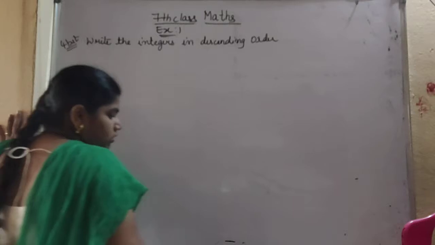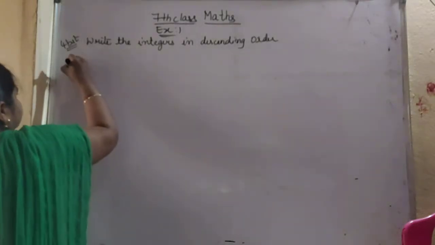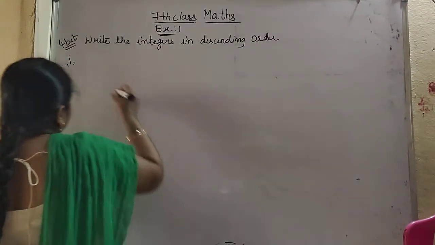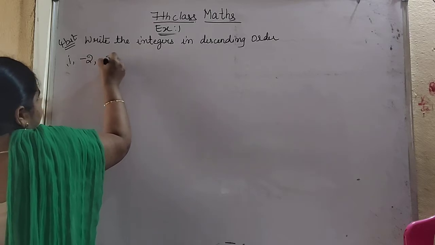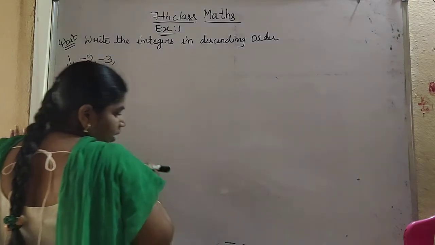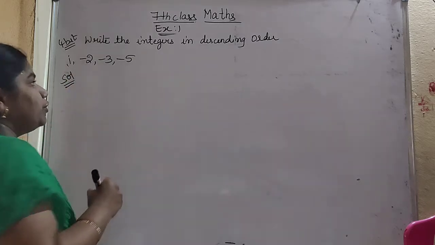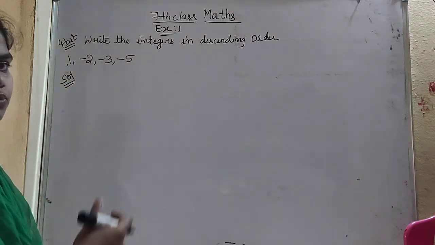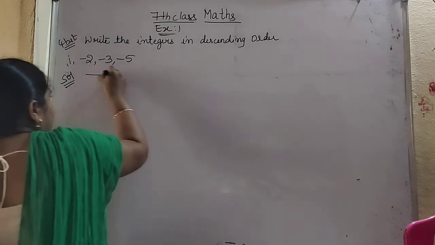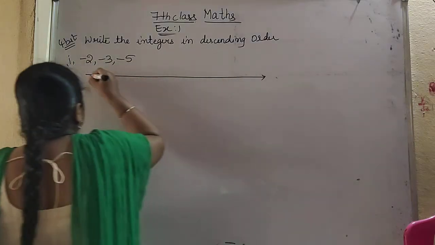So in that first one, -2, -3, -5. These values we have to arrange in descending order. Descending order is nothing but bigger number to smaller number we have to arrange. So draw a number line first.